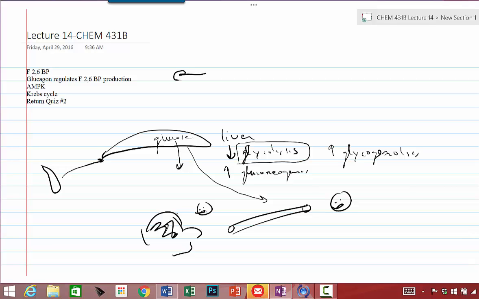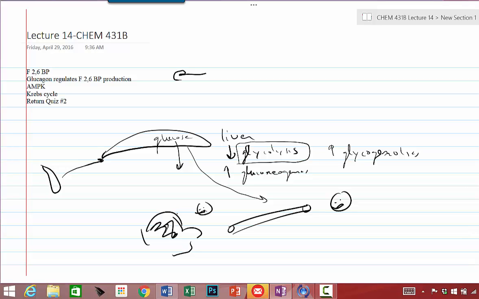Then here's the low blood glucose, and that signals glucagon to be secreted, and then now we have high levels of glucose in the liver, and the liver will then export glucose into the blood. Ignore this blue line for now. That's about insulin, but just concentrate on the pink line here. So this is on page 759 of your book.